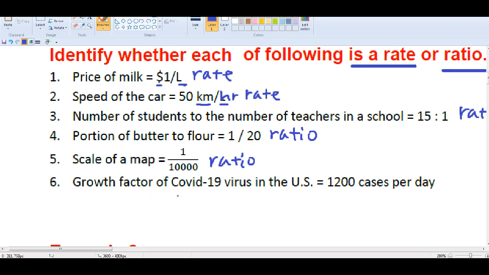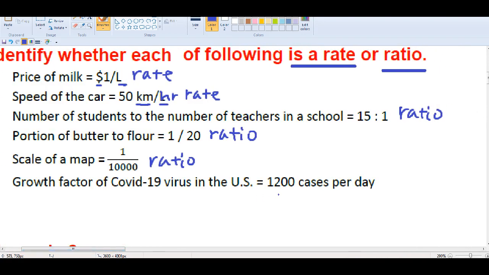Okay, growth factor of COVID-19 virus in the US. Let's see. The number is 1,200 cases per day. Per day, day is a time, a sort of unit. Number of cases is a number, right? So that means each day there will be 1,200 cases in the US for COVID-19.